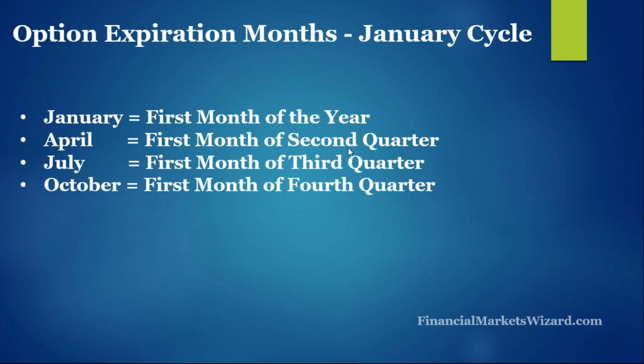Because April is the first month of the second quarter, July is the first month of the third quarter, and October is the first month of the fourth quarter. So if you know this stock is assigned to a January cycle, then you should know that January, April, July, and October months will be assigned to this stock.